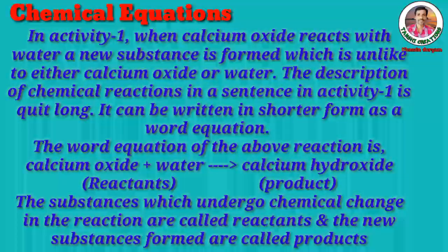It can be written in a shorter form as a word equation. The word equation of the above reaction is: calcium oxide plus water gives calcium hydroxide. The substances which undergo chemical change in the reaction are called reactants, and the new substances formed are called products.